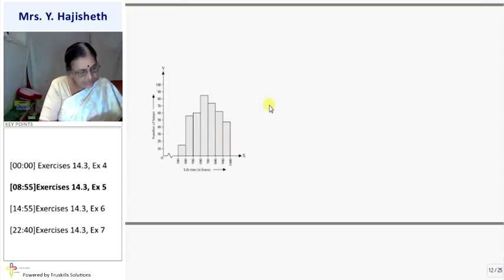Clear? Now your question is, the first question's answer we have done: we have to draw the histogram.